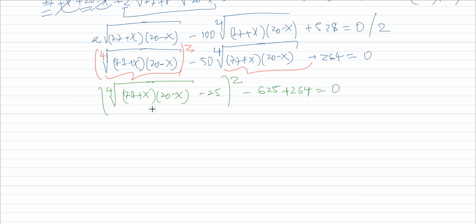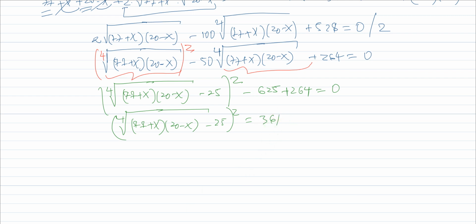So how do I say it? I'm going to keep here the difference between these two. So I have the fourth root of (77 + x)(20 − x), minus 25, all to the power of 2. This is then going to be equal to, well, this one would be minus 361, so it's going to be 361.